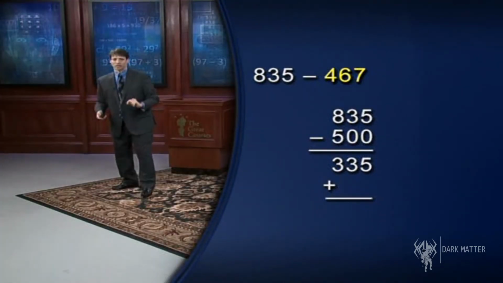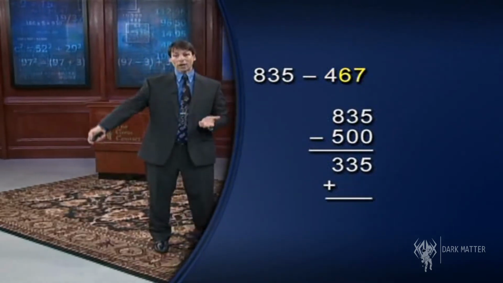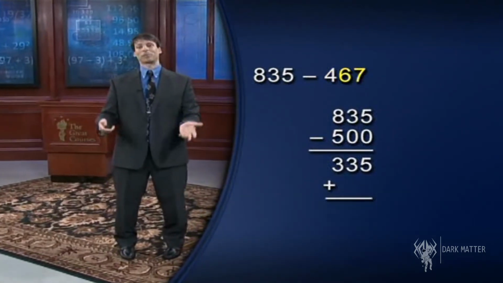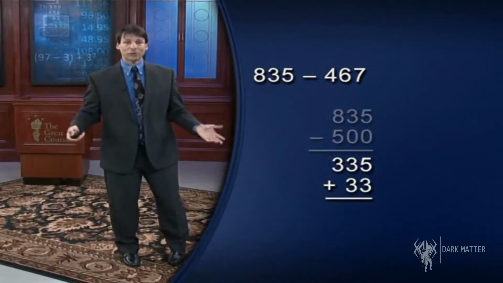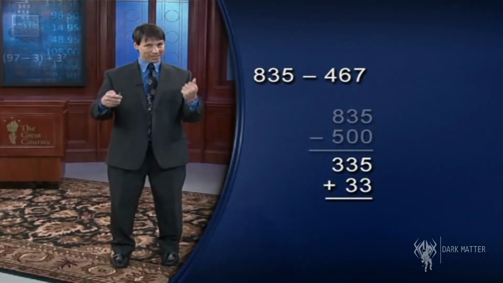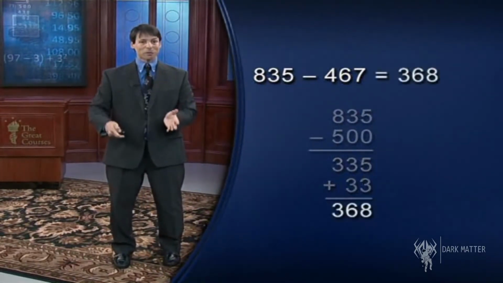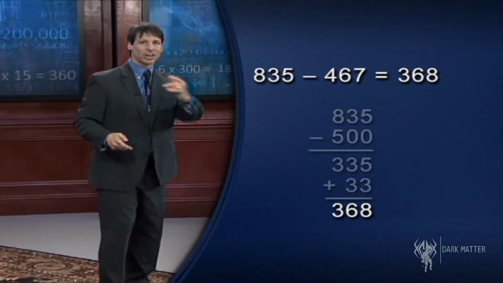Here's the same question. How far is 67 from 100? We know the complement of 67 is 33. So 335 plus 33, from left to right, is 368.